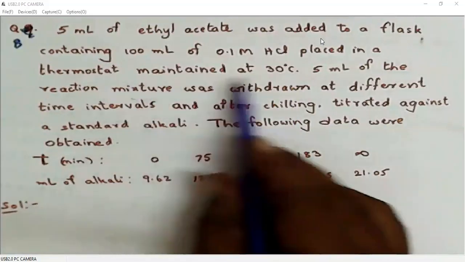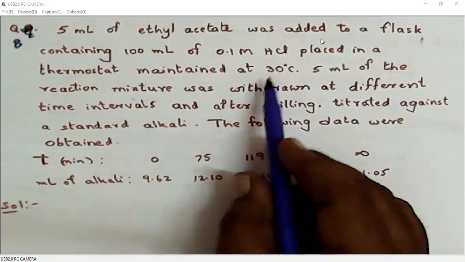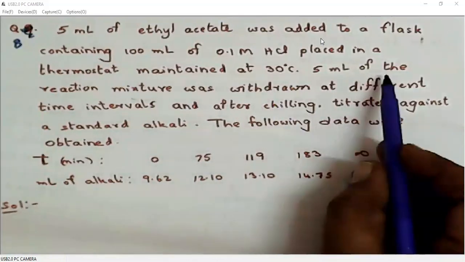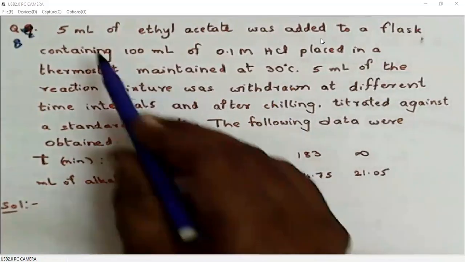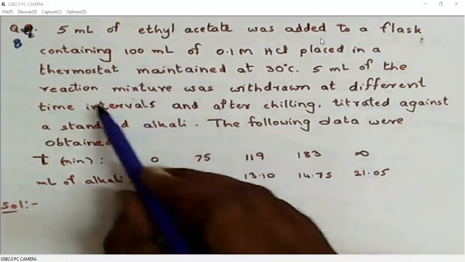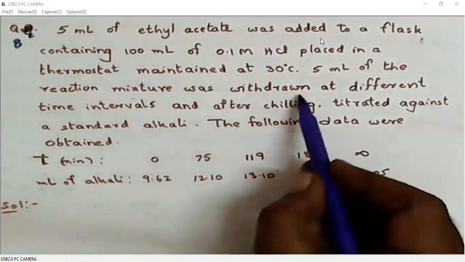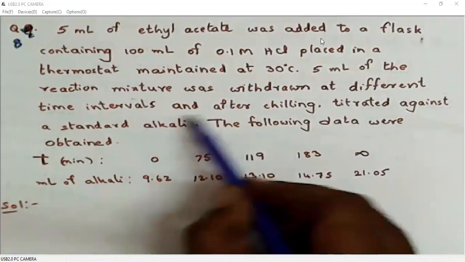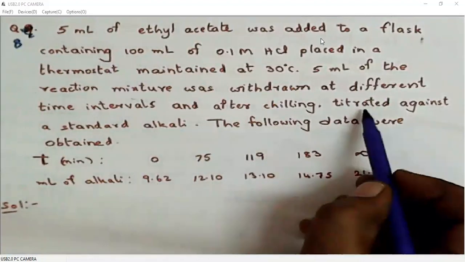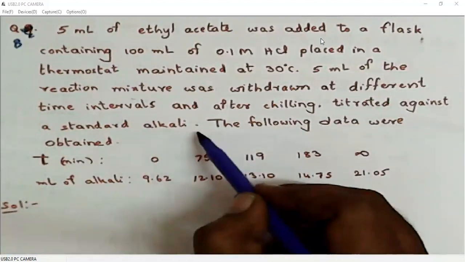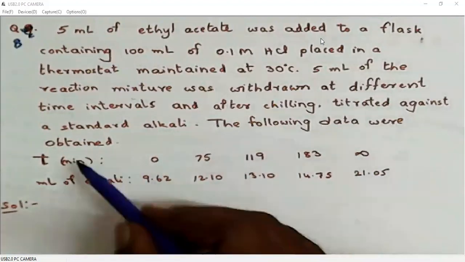So the thermostat is used to maintain the constant temperature. A 5 ml of the reaction mixture, that means out of 5 plus 100, 105 ml, was withdrawn at different time intervals and after chilling, titrated against a standard alkali. The following data were obtained.